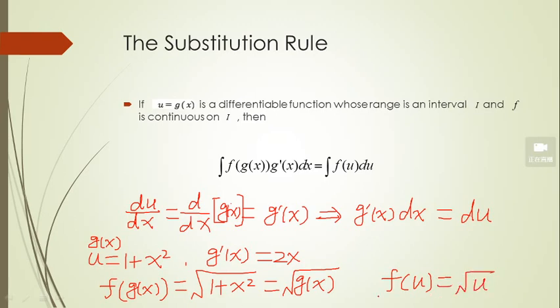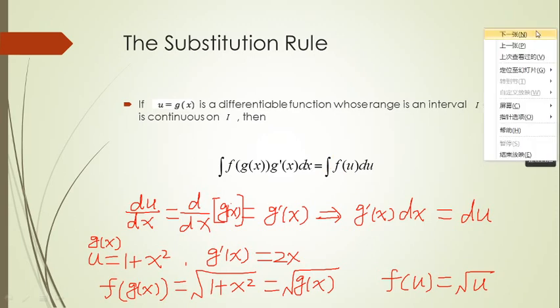Here function f applies to the whole function g(x), that is root g(x), so f(u) will be root u. That's why we find the variable u, then we can rewrite it as the indefinite integral of f(u) du. Then we work out the antiderivative for root u. That is pretty easy, right?